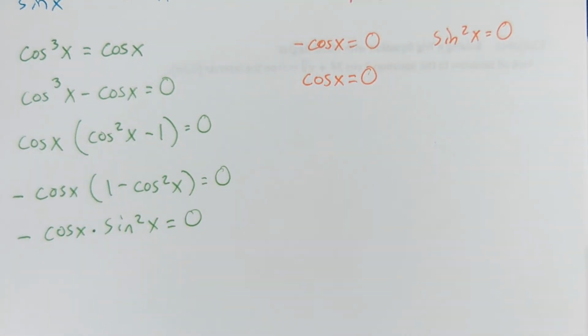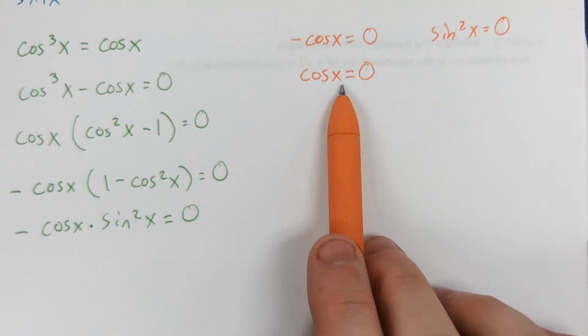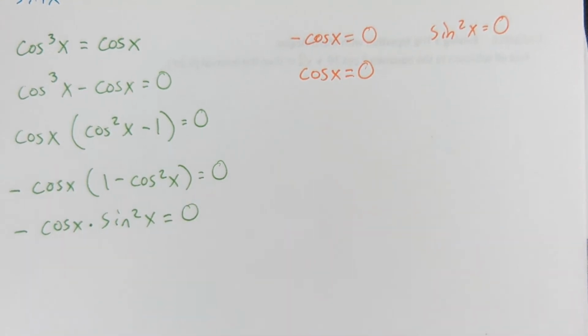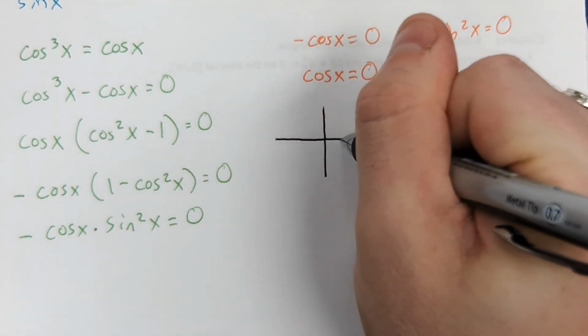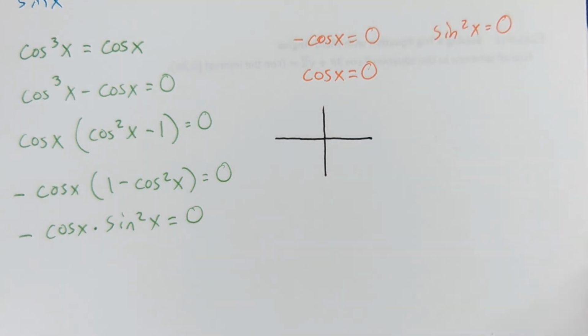Well, let me remind you. Cosine is the adjacent side over the hypotenuse, the x coordinate, x over r. The only way on the unit circle where x divided by our radius of 1 can equal 0 is if x is 0.